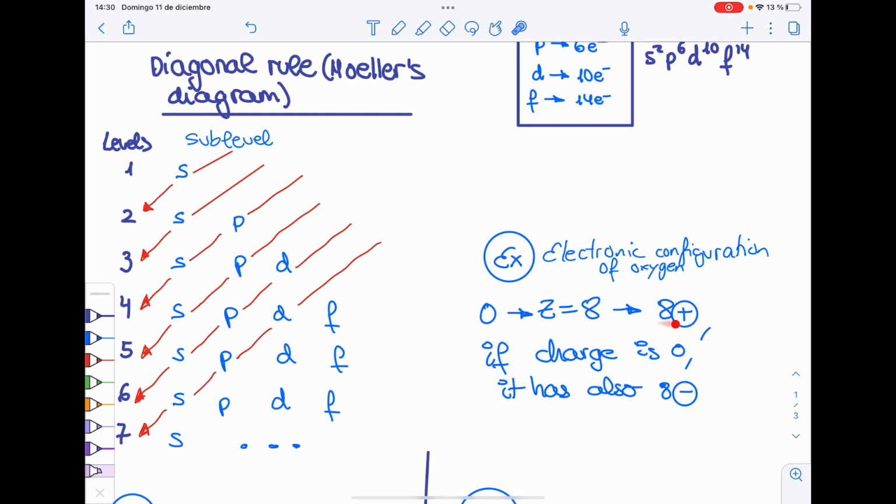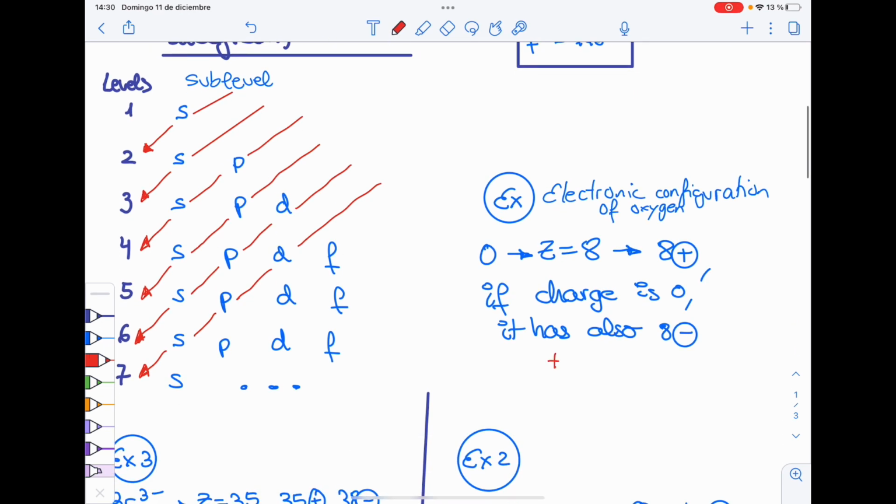It means that it has 8 protons. So if the charge is 0 and you know that you have 8 protons, it means that the electrons are 8, because if you have 8 protons and the charge is 0, which number do you have to put here? 8. So you have 8 electrons, okay?